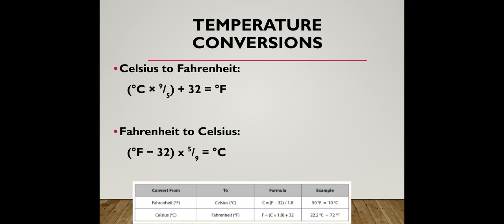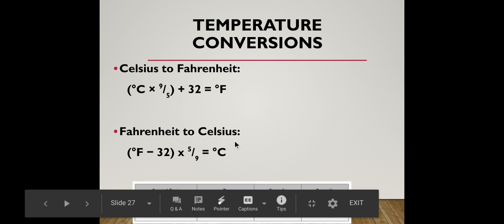In order to convert Celsius to Fahrenheit, you take the degrees Celsius, multiply it by 9/5, and then add 32. 9/5 is about 1.8. So in your book, you'll see take your degrees Celsius, multiply it by 1.8, and add 32. In order to convert Fahrenheit to Celsius, you take degrees Fahrenheit, subtract 32, and multiply it by 5/9.